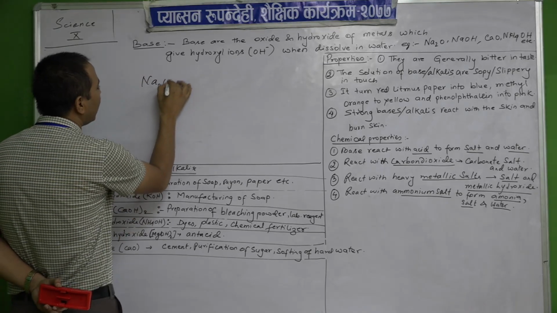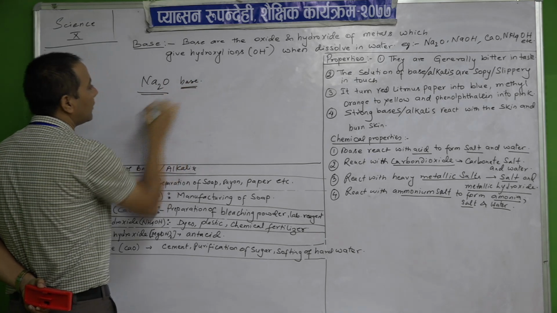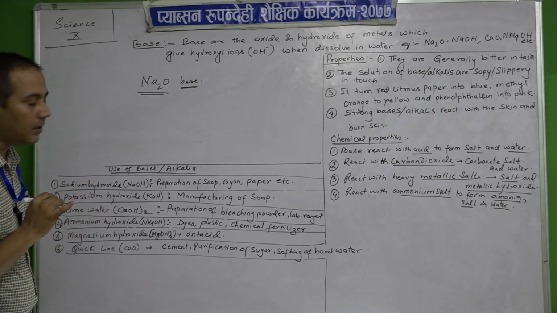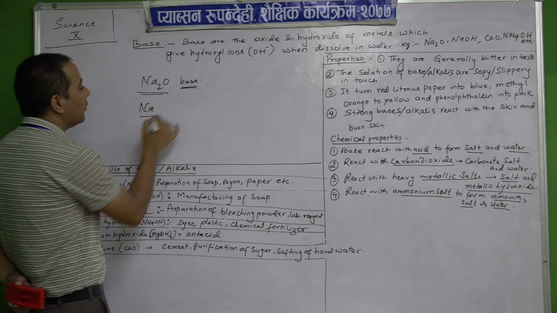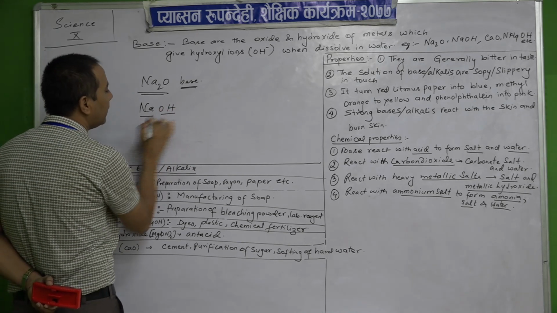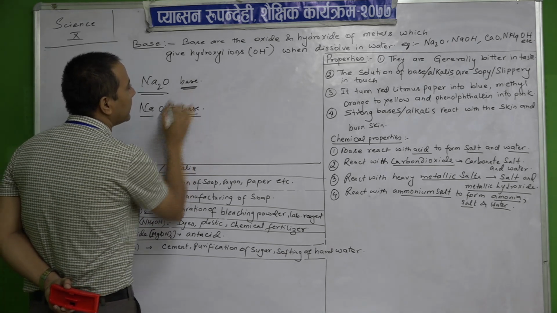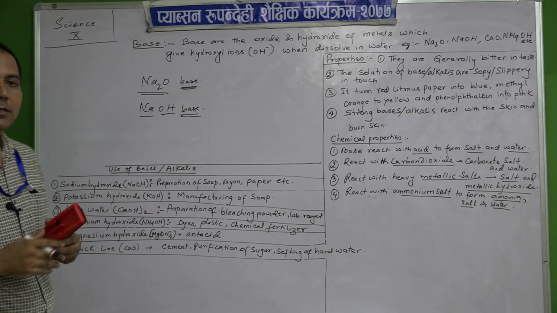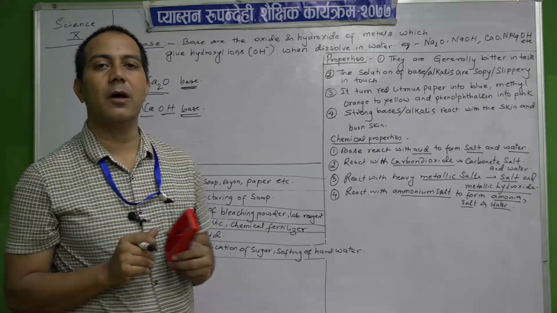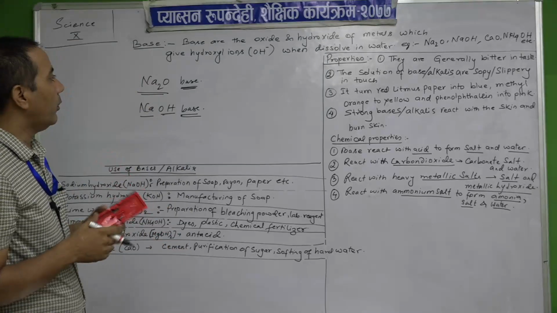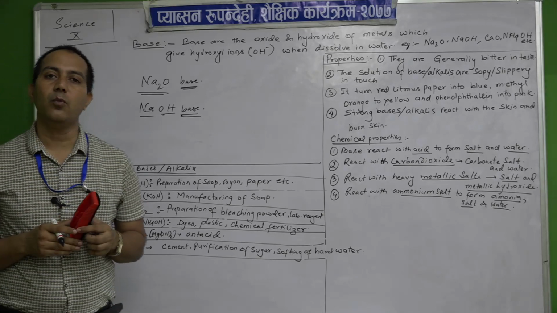If it is combined with oxygen, that is a base. Another example: when we add hydroxide ion to sodium, that is also a base. Simply, a base is an oxide or hydroxide of a metal which gives hydroxide ion when dissolved in water.